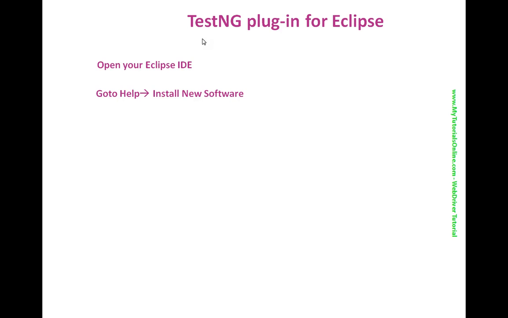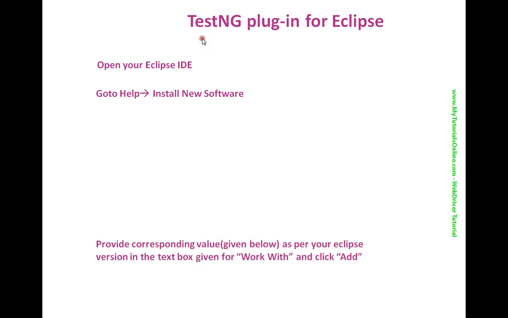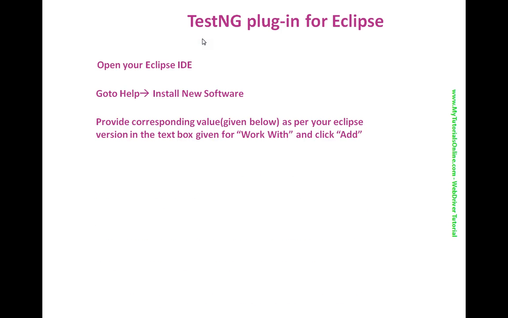In the Help menu, you can find the Install New Software option. If you click on it, you will get a dialog box. In that you can see different options, and among those you will find a text box named Work with. There you need to provide the web link address where you will find the TestNG plugin, and click the Add button.